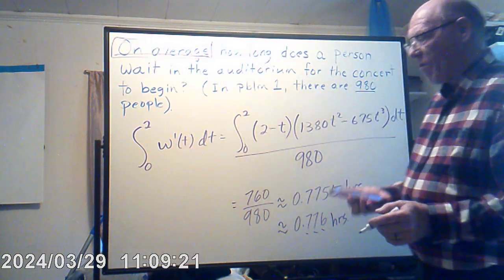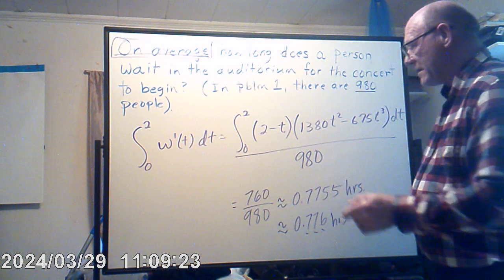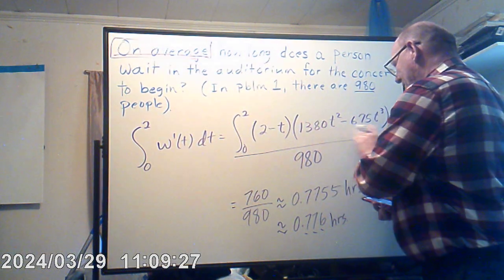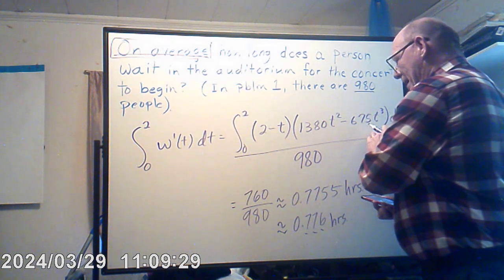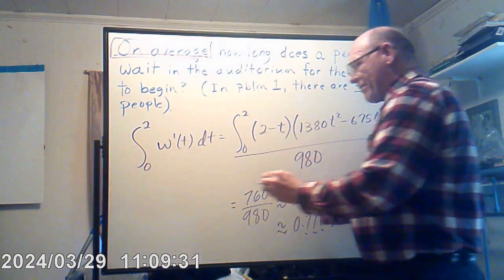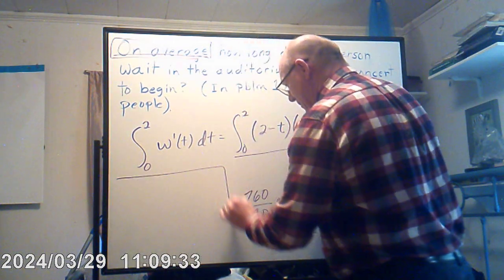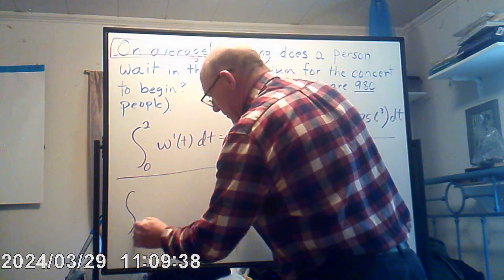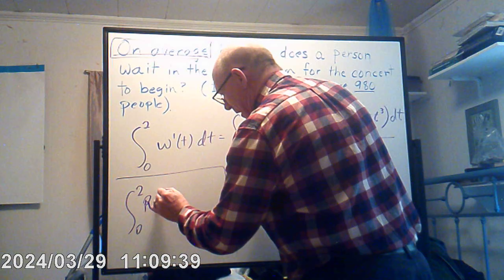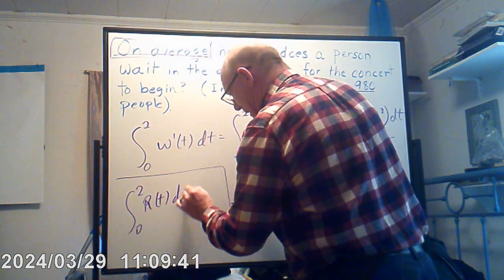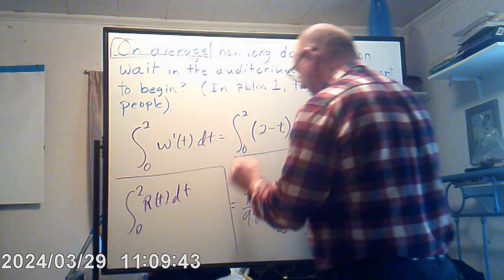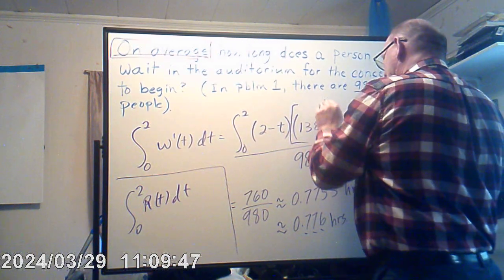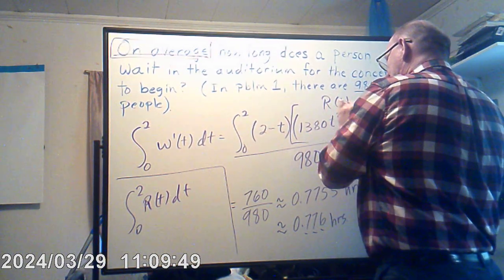So on number 1, you had to use this part right here. That's the rate that people were coming in. So if you look at that again, this is the rate. So what you would do is from 0 to 2, r of t dt. That is where this part right here is r of t.